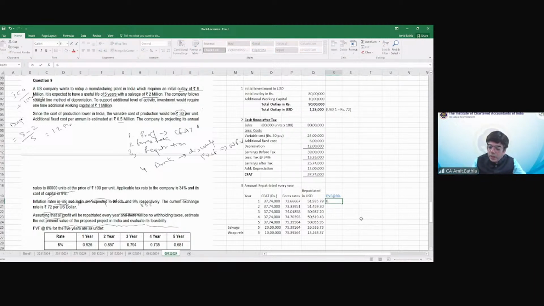So it is 0.926, 0.857, 0.794, 0.735, and 0.681. Now remember, salvage and working capital are also coming at the end of the 5th year, right? So again, I will use the same 0.681.